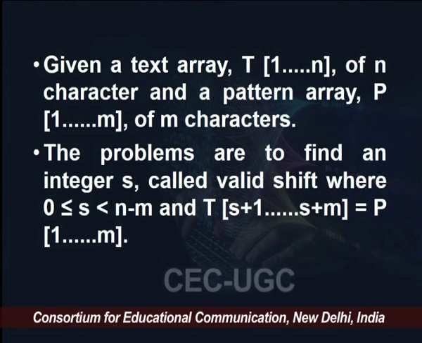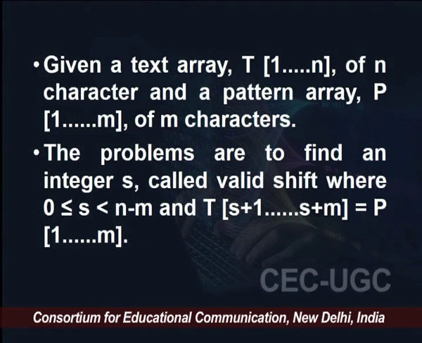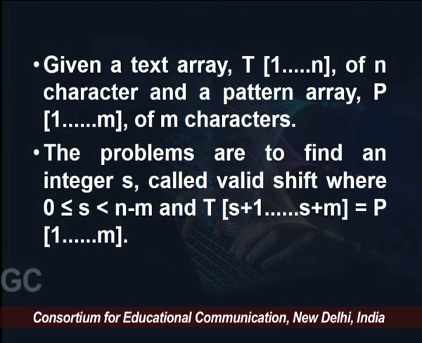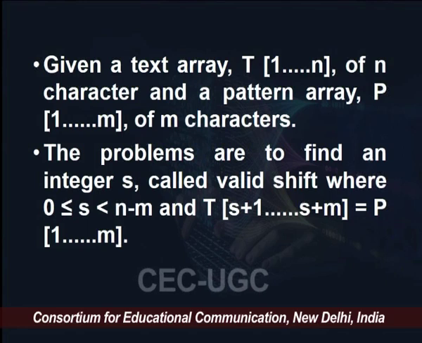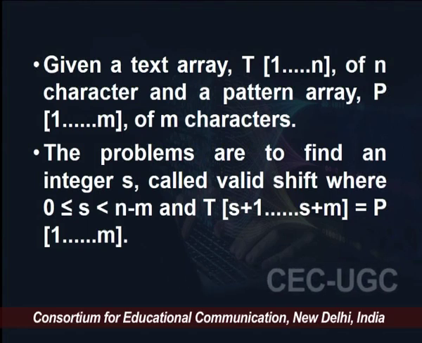We are looking for a valid shift in which the characters of T starting from T[s+1] till T[s+m], which is the length of the pattern, are equal to P[1..m]. By introducing the concept of valid shift, what I am trying to say is that this could be a shift of 0 characters if we find our pattern at the first position.